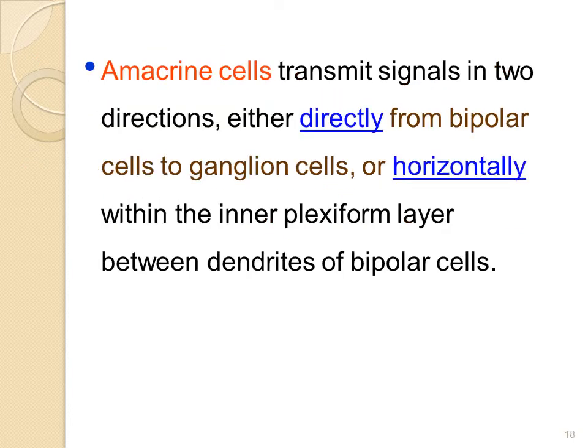Amacrine cells transmit signals in either direction, from the bipolar cell to the ganglion cell, or horizontally within the inner plexiform layer between the dendrites of the cells.